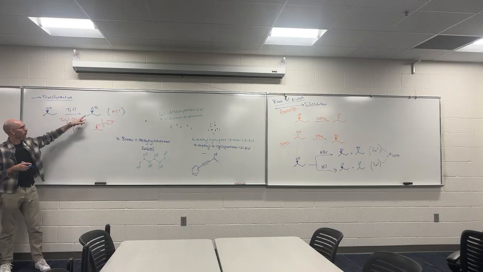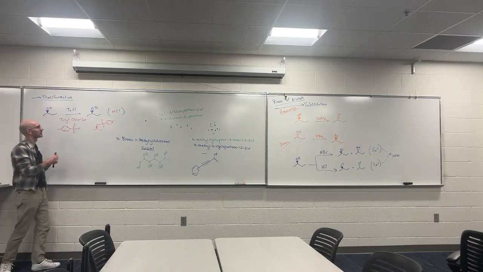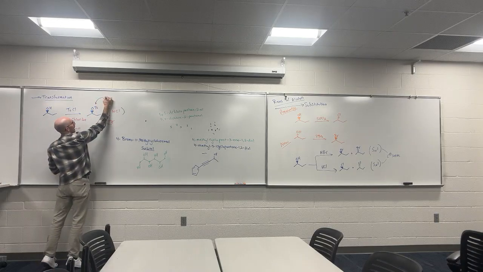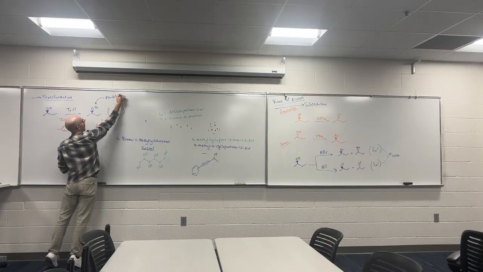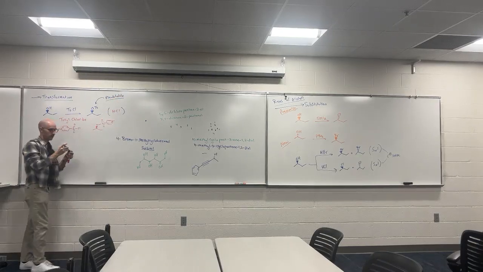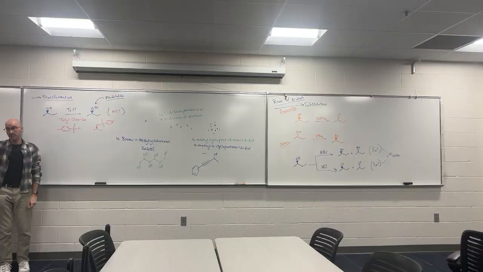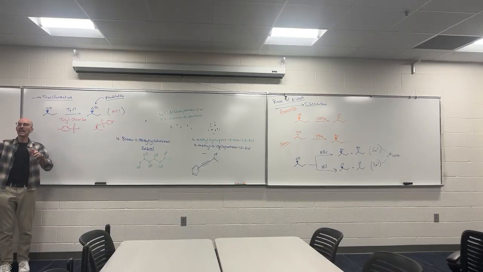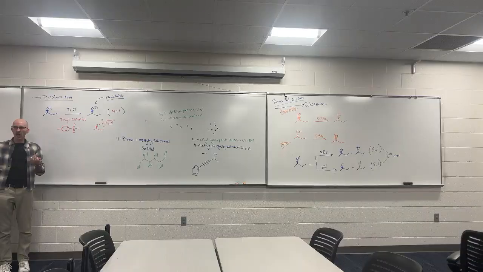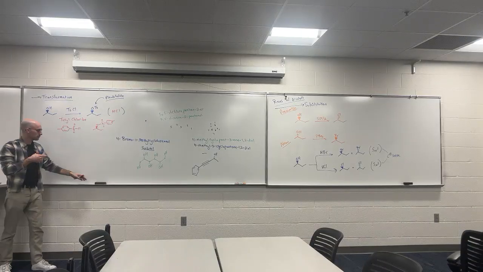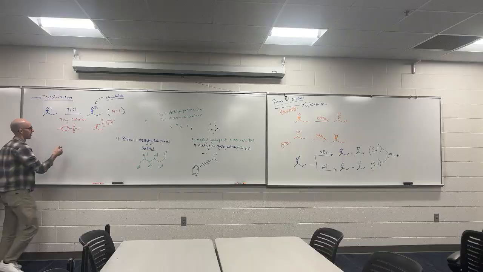So we often refer to this group, this OTs, as being a pseudo-halogen or a pseudo-halide. It's not a halide, but it behaves like halogens. And on Wednesday's class, we're going to talk about reactions that halogens go through: substitution and elimination reactions.